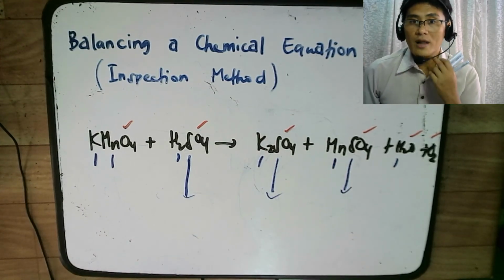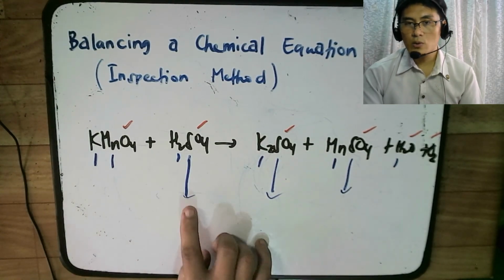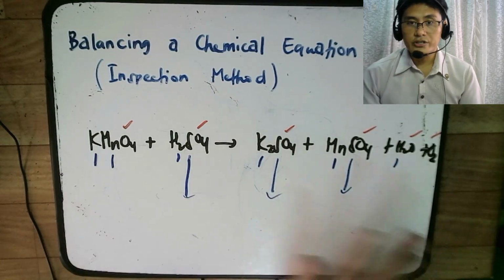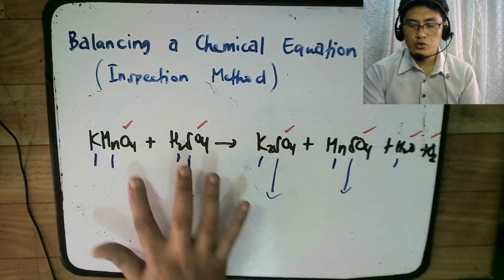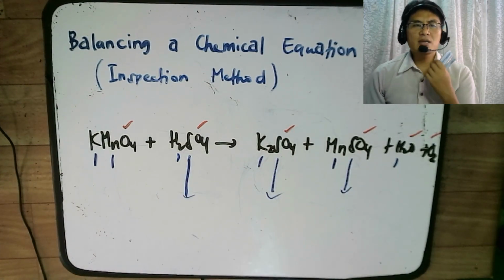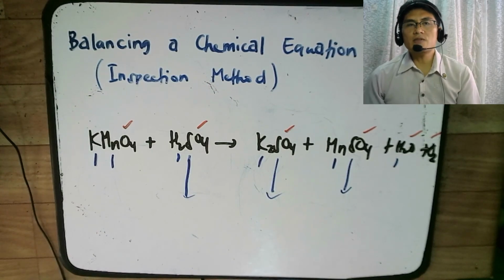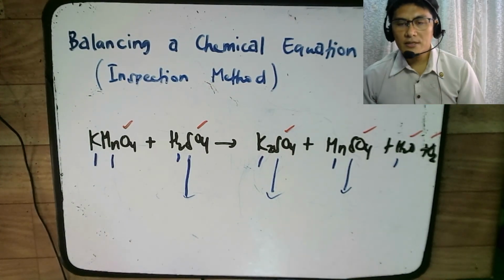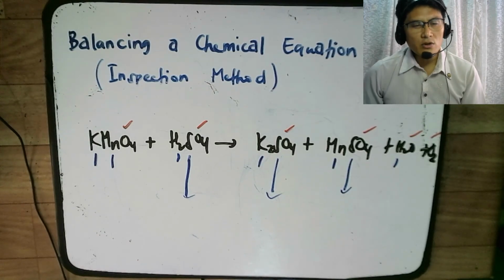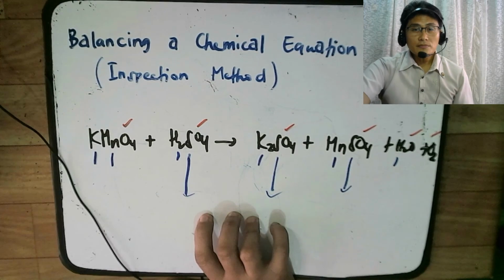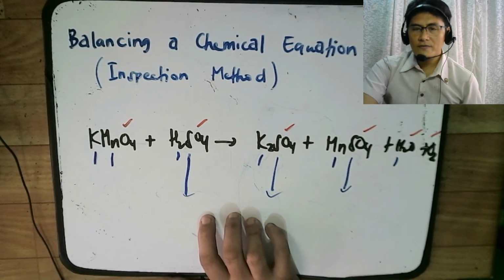And then solve last the sulfur, because it's found once in the reactant side and twice in the product side, and oxygen, because it's found in 2 places in the reactant side and 4 places in the product side. And I believe that if it's only one element that's found in multiple places, it's still solvable using the inspection method. But once you have 2 or more, it becomes very, very difficult.